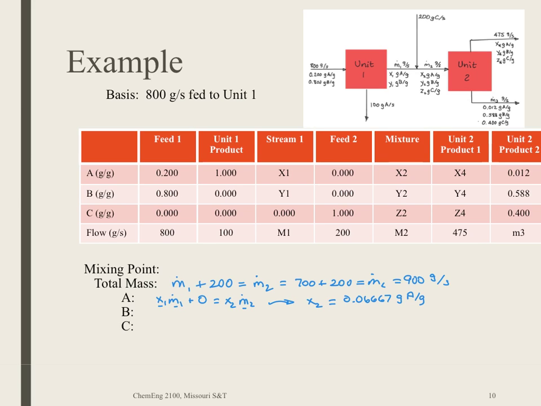I can do a similar thing for B. And for C, nothing comes in with the product from unit 1. 200 comes in with feed 2, and this is going to be Z2 M dot 2.